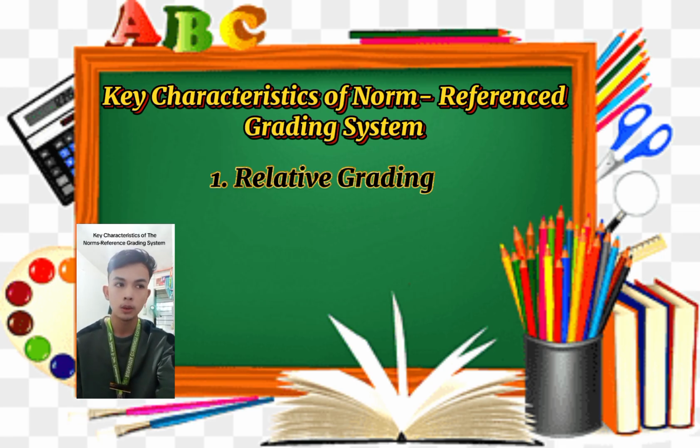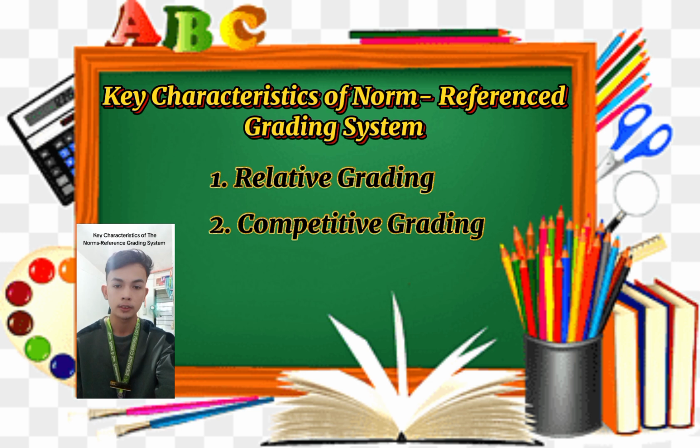Next, we have competition. Norm reference grading can foster competition among students as they strive to outperform their peers. This can sometimes lead to a negative learning environment where cooperation is discouraged.